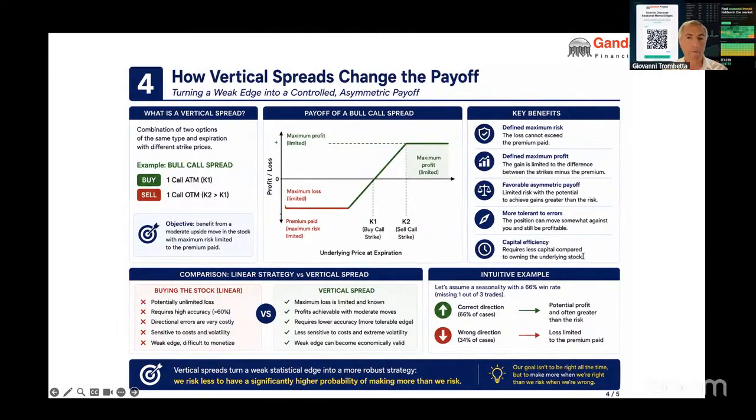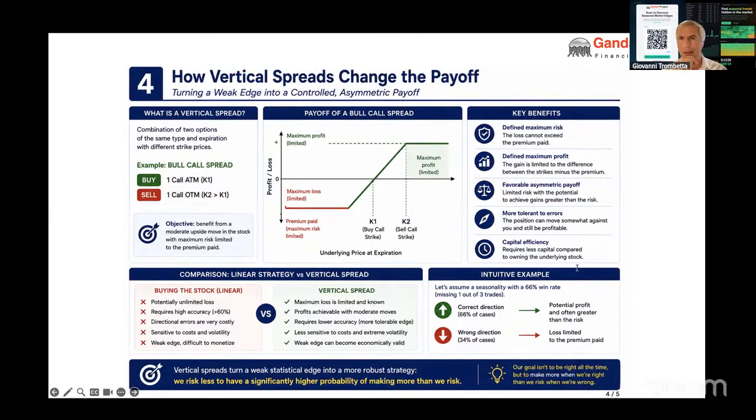So up to now, we have seen that seasonality often provides only a modest statistical edge. The question becomes, how can we monetize the edge more effectively? One possible answer is the use of what Fabio likes a lot, option spreads, specifically a bull call spread or a bull put spread.